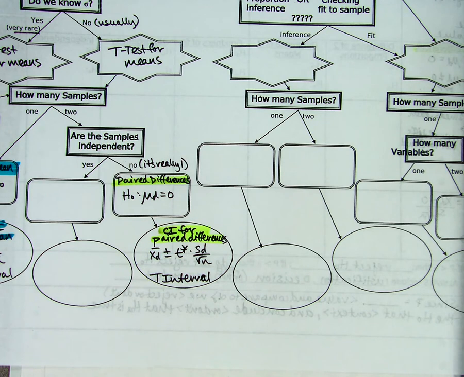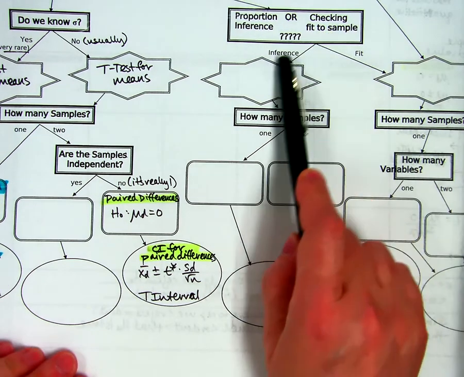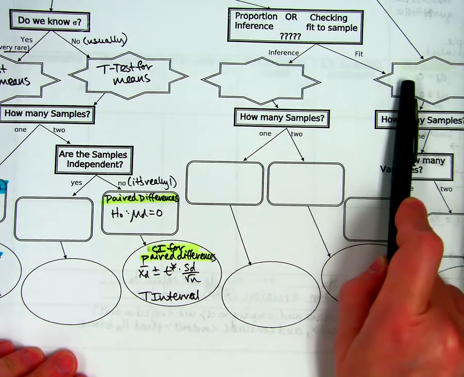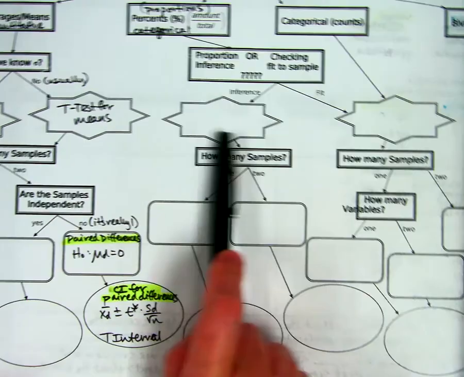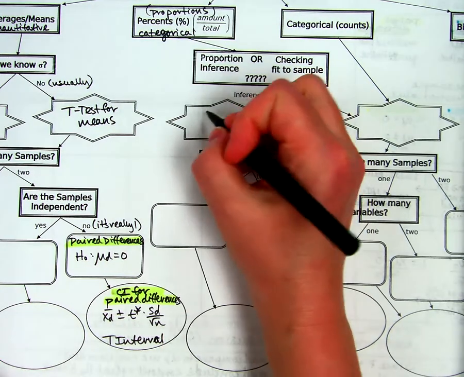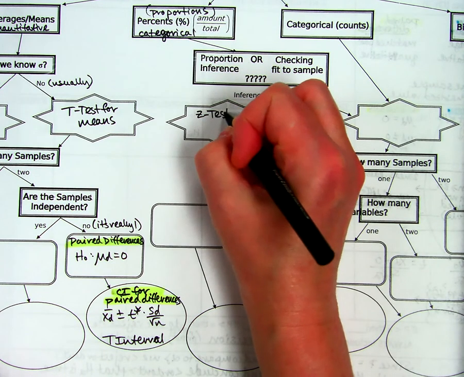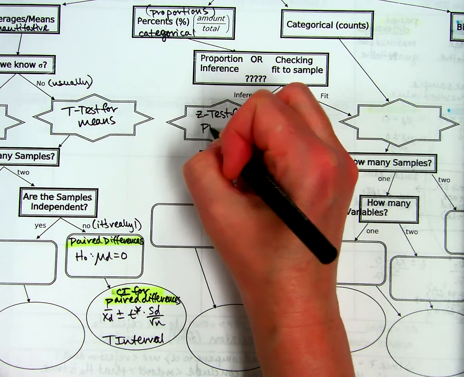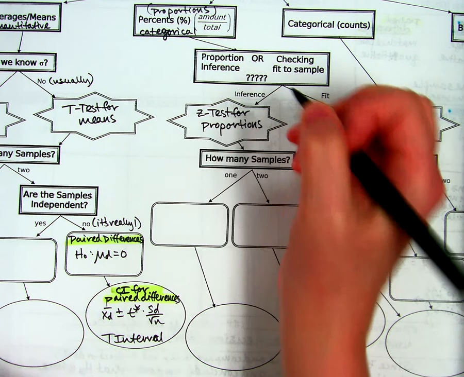And then the one I haven't talked about yet is the proportions test, which is going to be pink. If you find that you're doing proportions, then you would check to see if it's proportion inference or checking a fit of a sample, which would be chi-squared. We're coming back to that later. But this one right here I want to talk about, and it is a Z-test for proportions, which we did on the other side already.